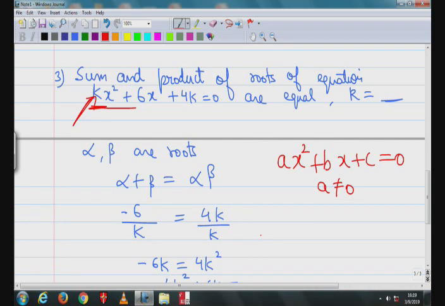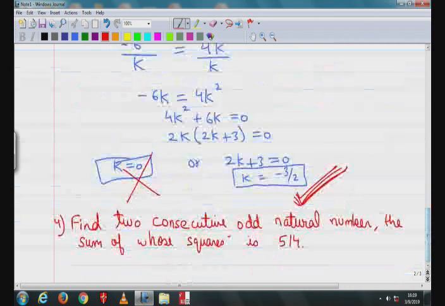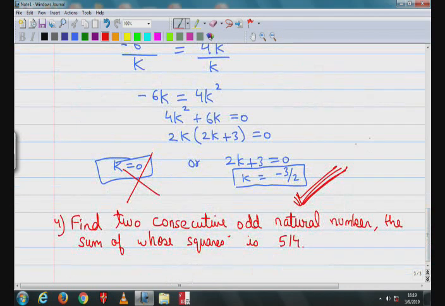If a becomes 0, then this will not be a quadratic equation, it will be converted to a linear one. Since k is the coefficient of x square, it can't be equal to 0. That's why we have ignored k equal to 0 and taken only minus 3 by 2. Getting it?